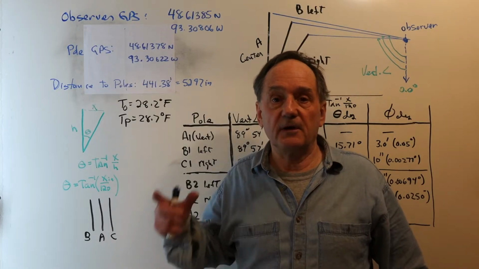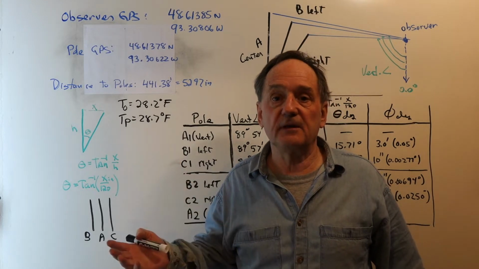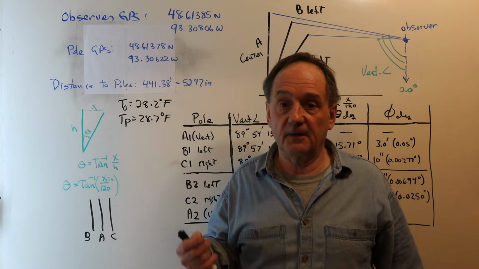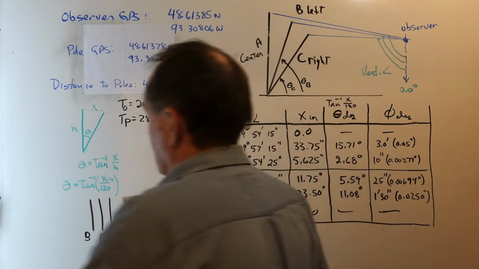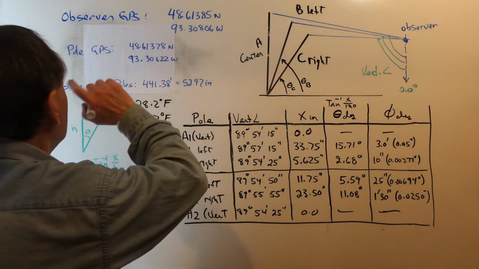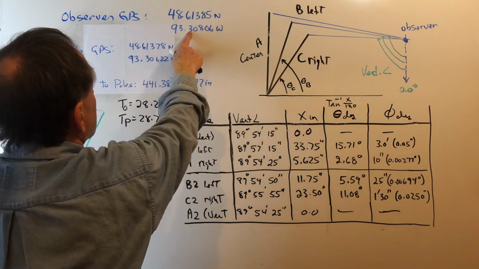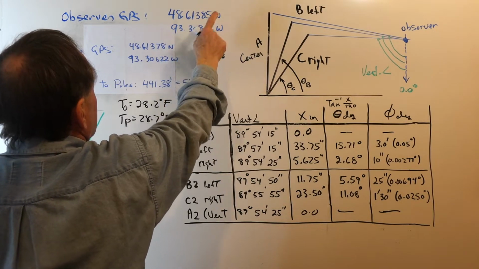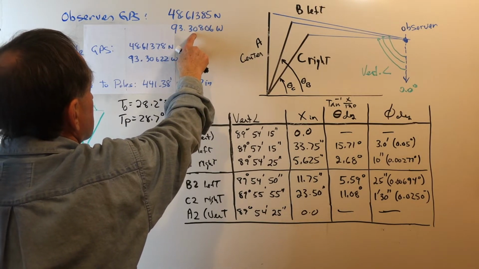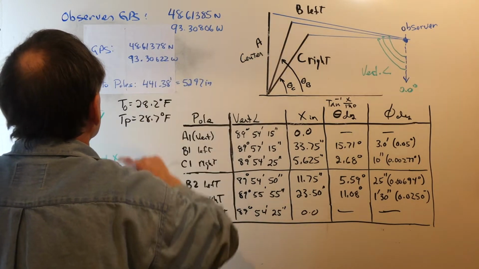Here is a summary of the raw data that was accumulated using the Topcon theodolite that you just saw the video of. Here's the pertinent information. Here is the observer GPS coordinates, 48.61385 degrees north by 93.30806 degrees west.